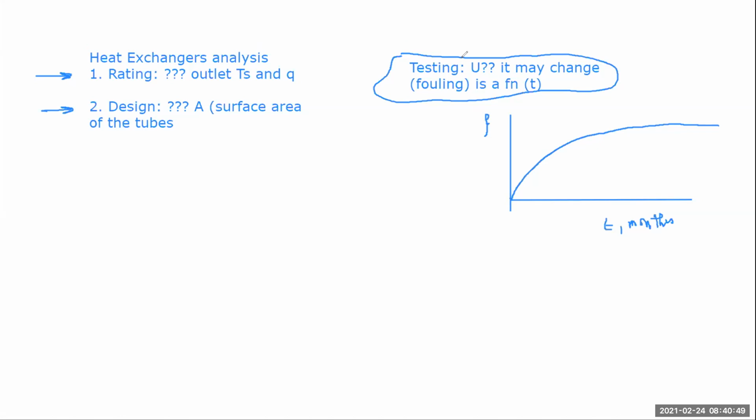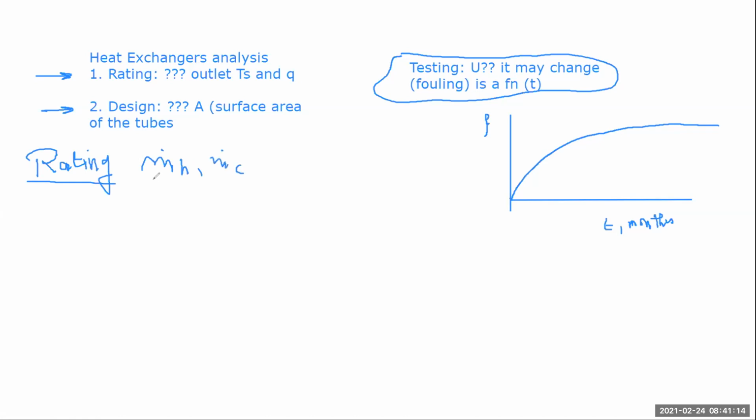Now, when we are talking about rating, rating is basically what we refer to as performance analysis. In rating, the kind of information that we have is the flow rate of the hot fluid and the cold fluid. So these are two values that we know, m dot hot, m dot cold.